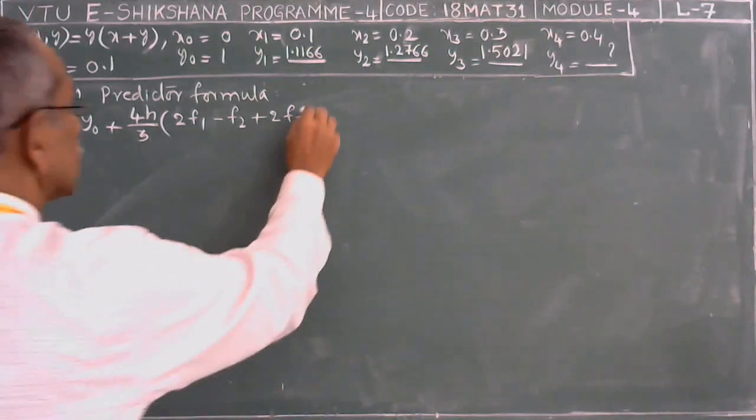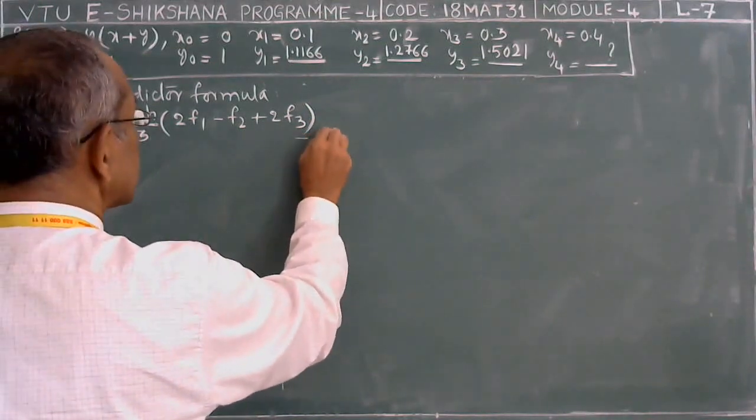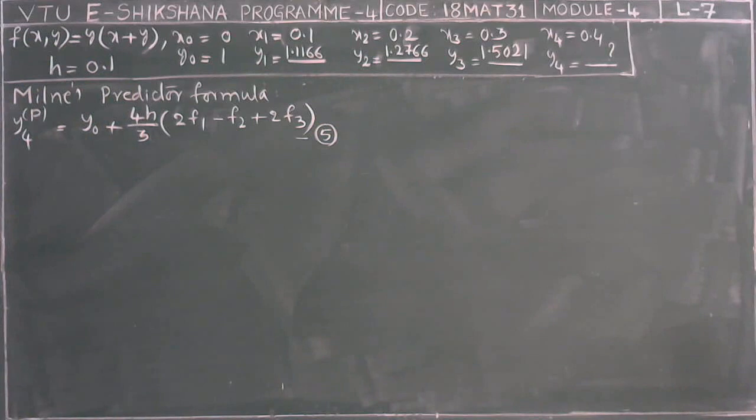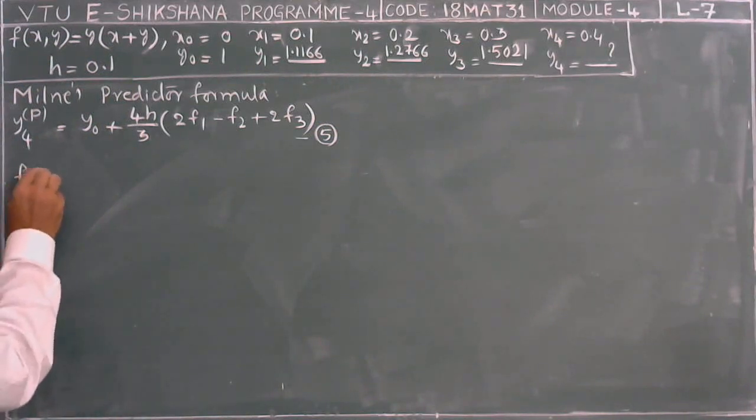Close the bracket. So call this equation number 4. Okay. So what is f1?